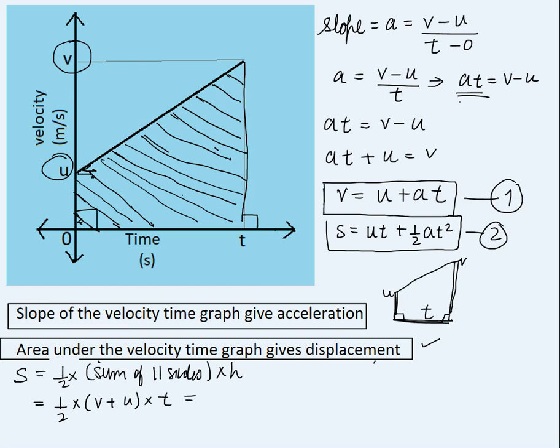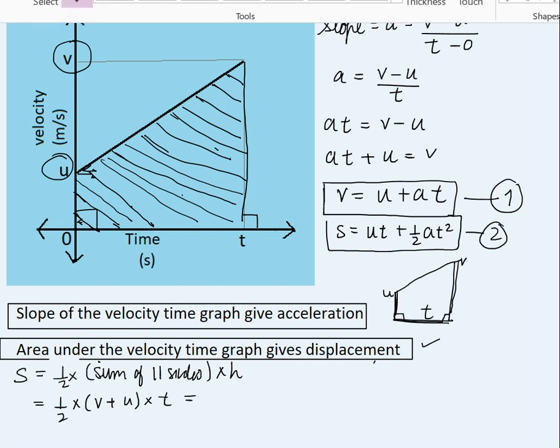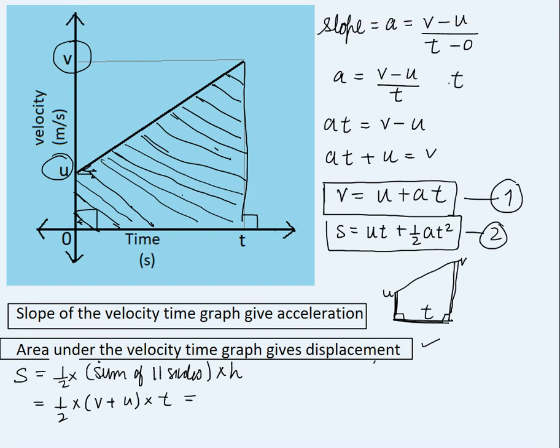Again, taking a clue from here, this time we will take t as v minus u upon a and substitute over here. So I get this as half times v plus u into v minus u upon a.